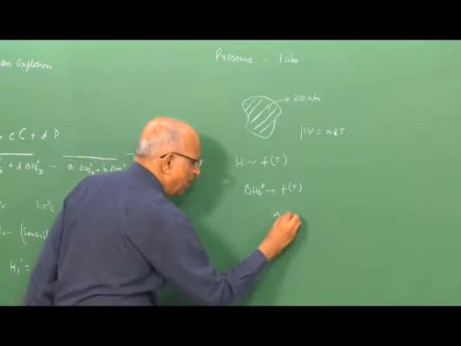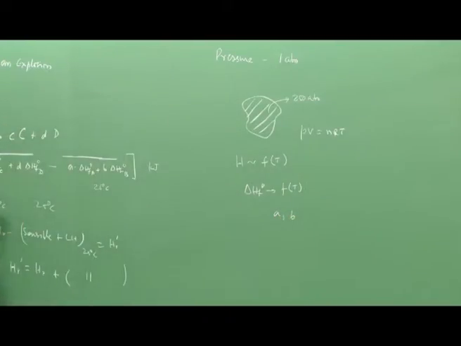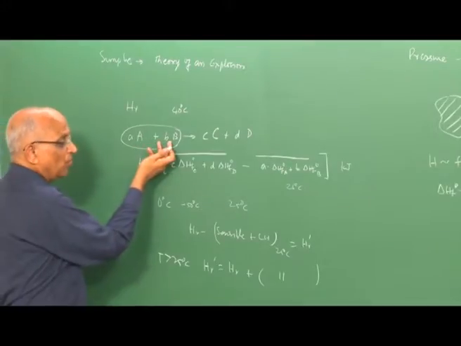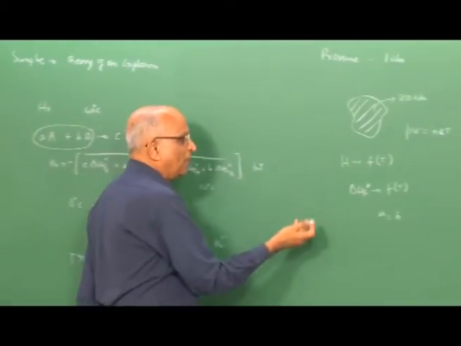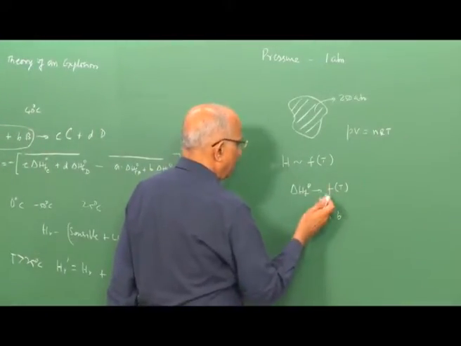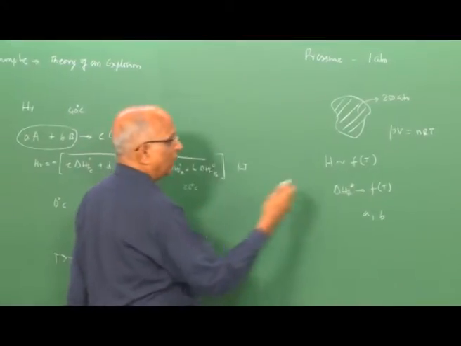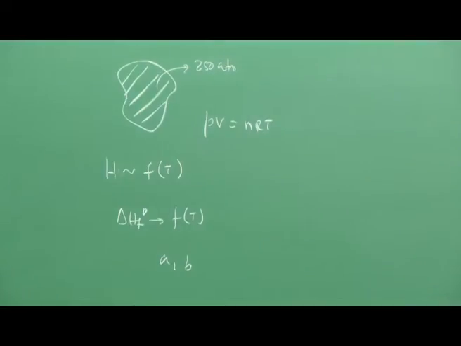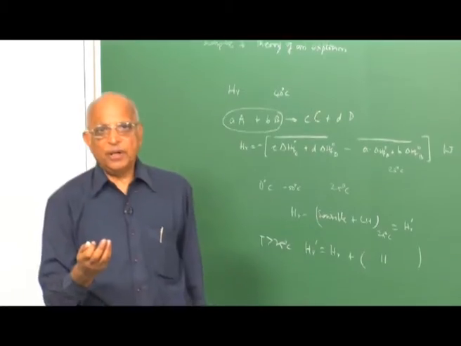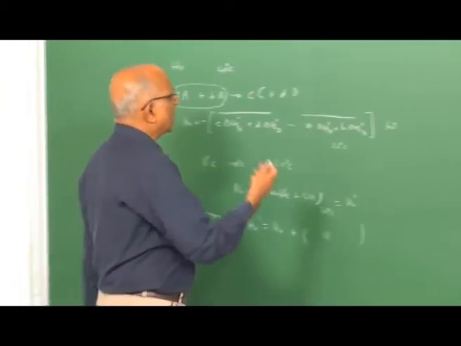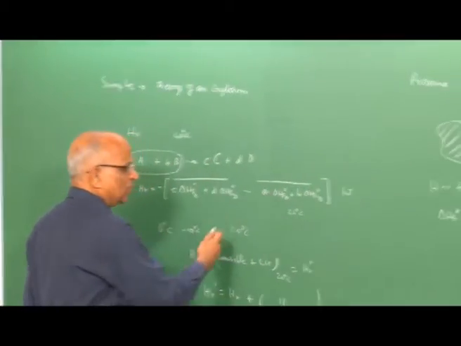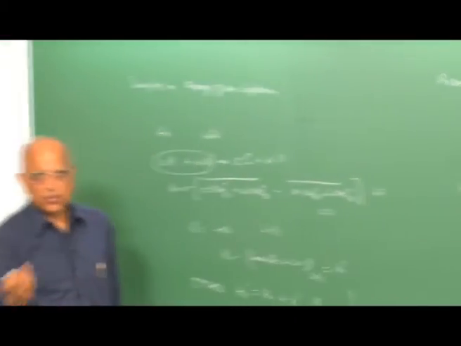The moles, A moles of A and B moles of B, are anyway taken care of, and therefore I can continue to use the same expressions for calculating at different pressures. Therefore, we can calculate the energy liberated from an explosive under different conditions of pressure, maybe different conditions of temperature, and this is how we proceed.